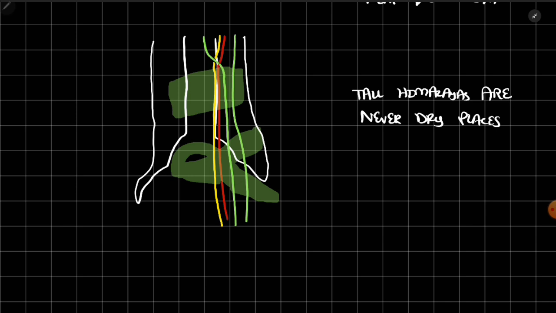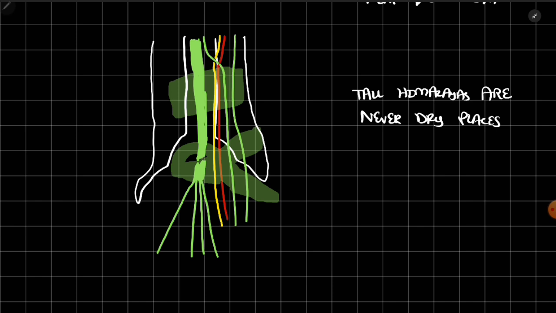Then the extensor digitorum longus. The extensor digitorum longus is a pretty big tendon. It comes like this, and then it divides into four tendons.